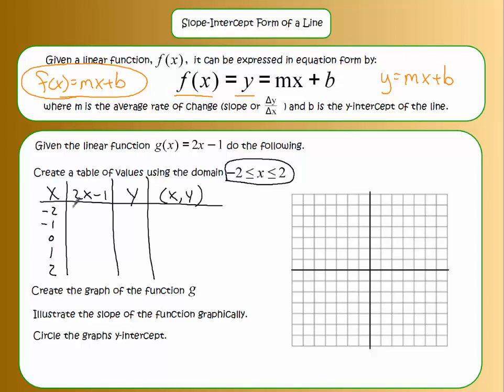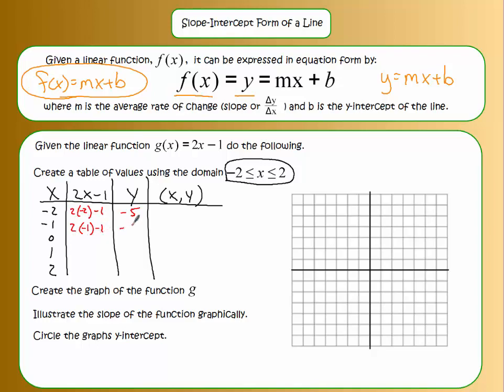So what do I do here? I start plugging stuff in. So 2 times negative 2 minus 1. Well, 2 times negative 2 is negative 4. Negative 4 minus 1 is negative 5. Here I have 2 times negative 1 minus 1. 2 times negative 1 is negative 2.